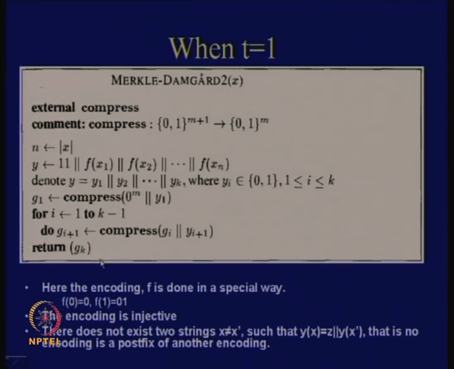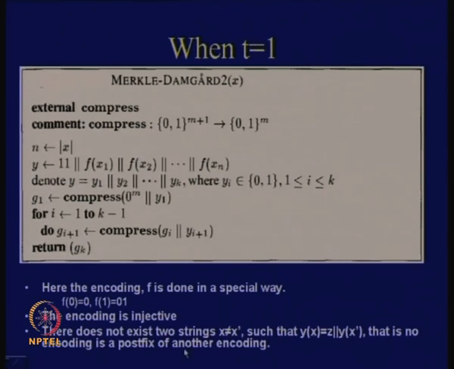The encoding is an injective encoding, and the other thing is that there does not exist 2 different strings x and x' such that y(x) and y(x') satisfy this kind of relation, that is, y(x) = z || y(x'), where z is any arbitrary string. You see that this can never happen.